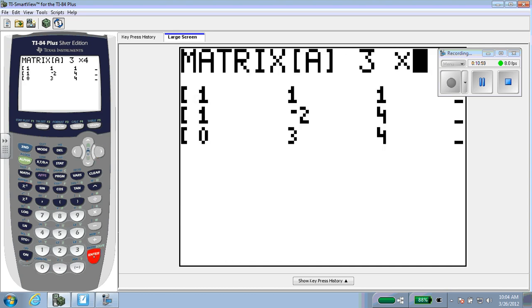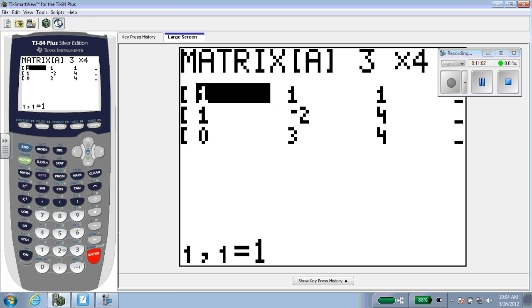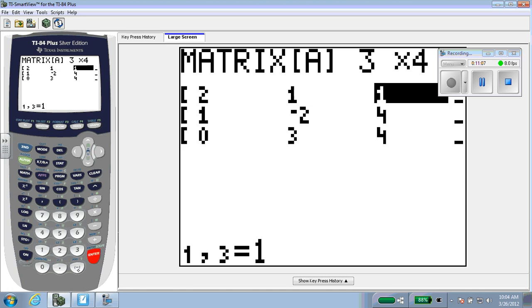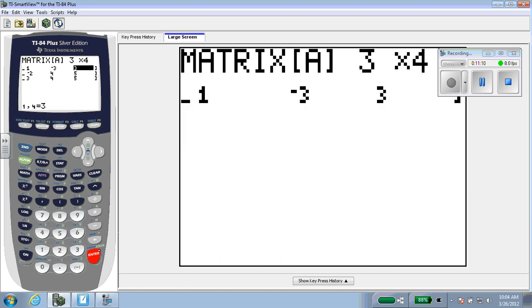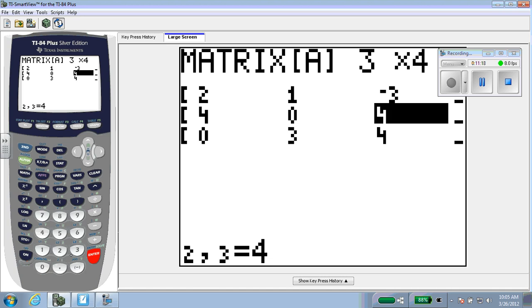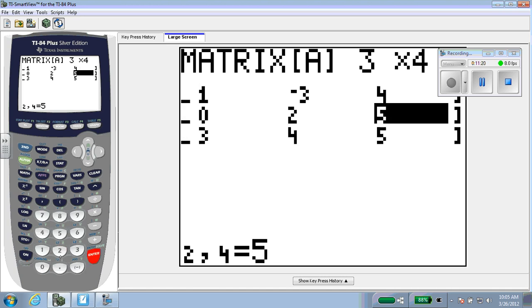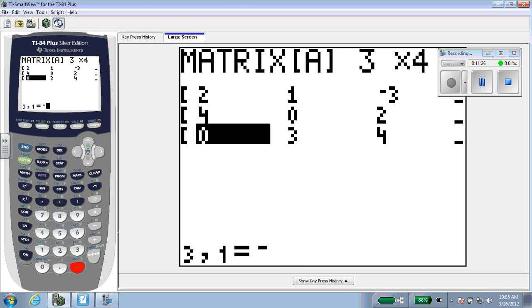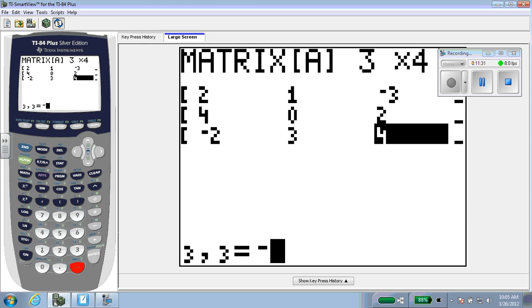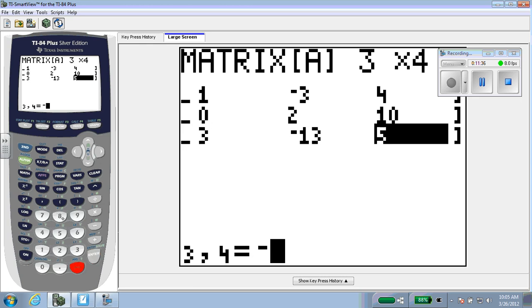It's still a 3 by 4, but it's now 2, 1, negative 3, 4, 4, 0, 2, 10, negative 2, 3, negative 13, negative 8.